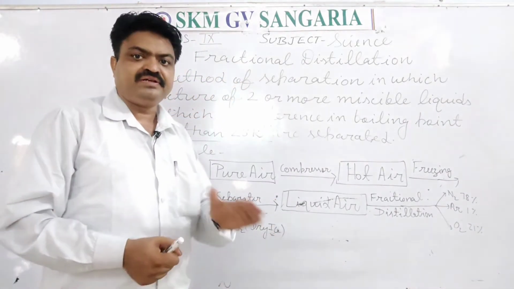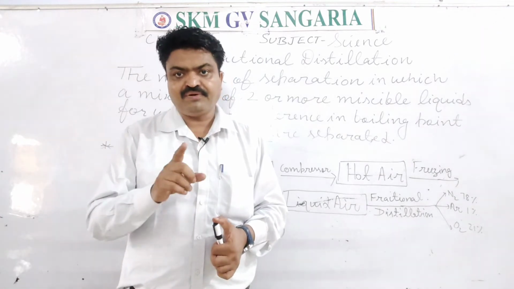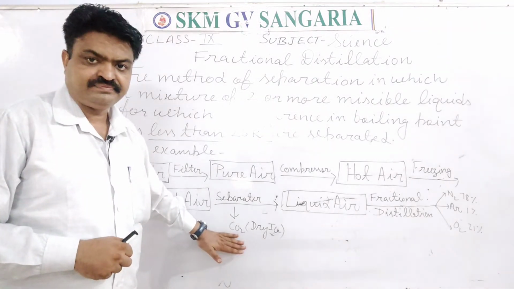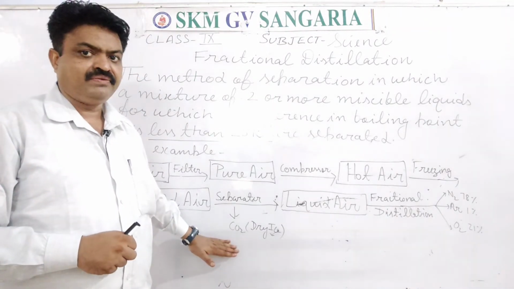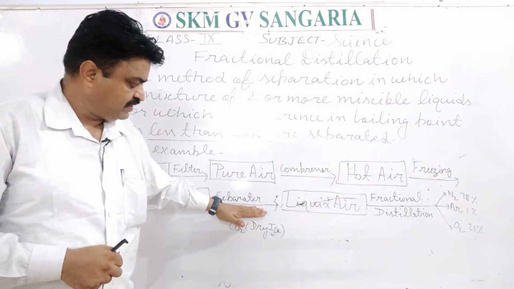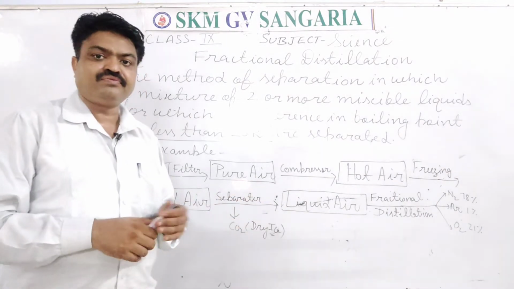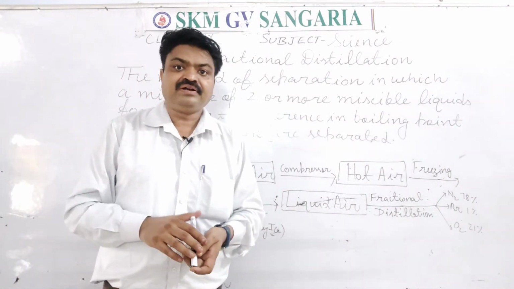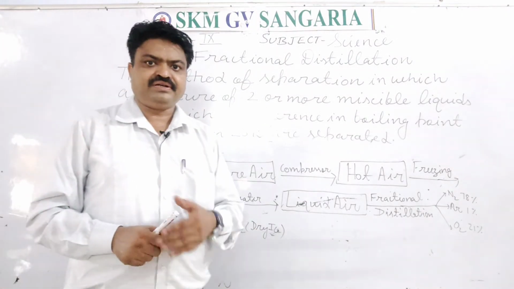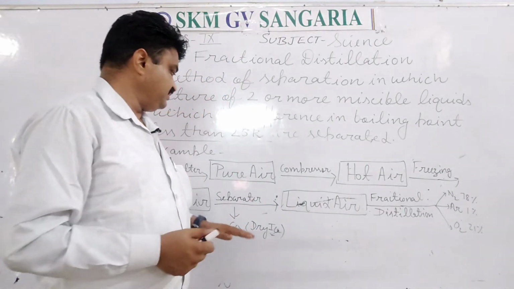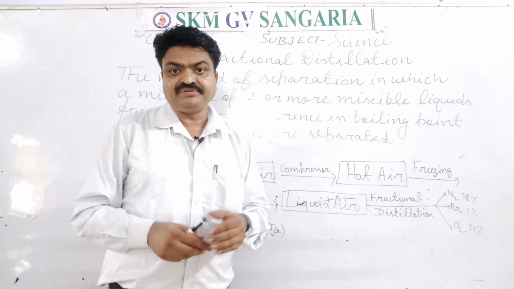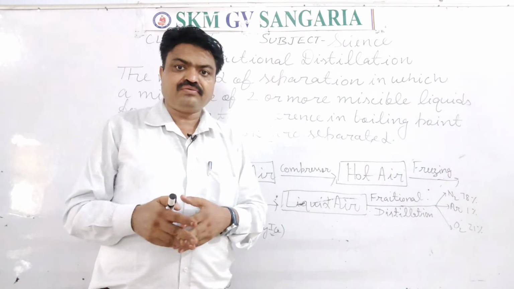Carbon dioxide is separated from the air with the help of the separator in the form of dry ice, because the separator separates the air and also removes one solid form of the gas, that is carbon dioxide.